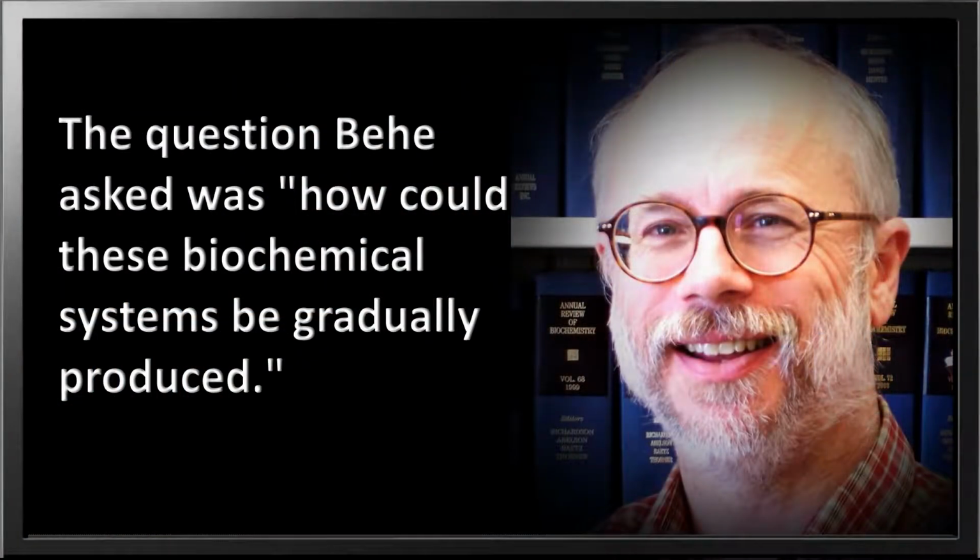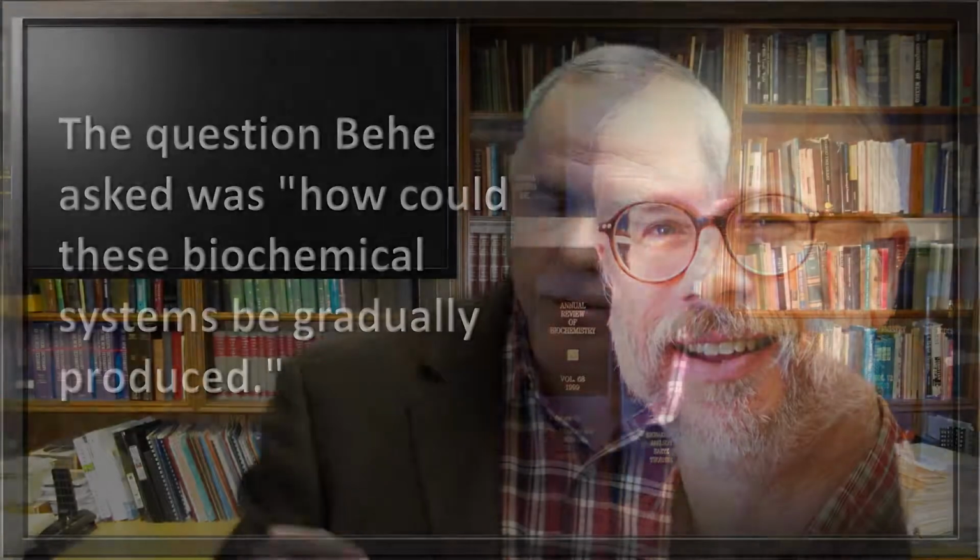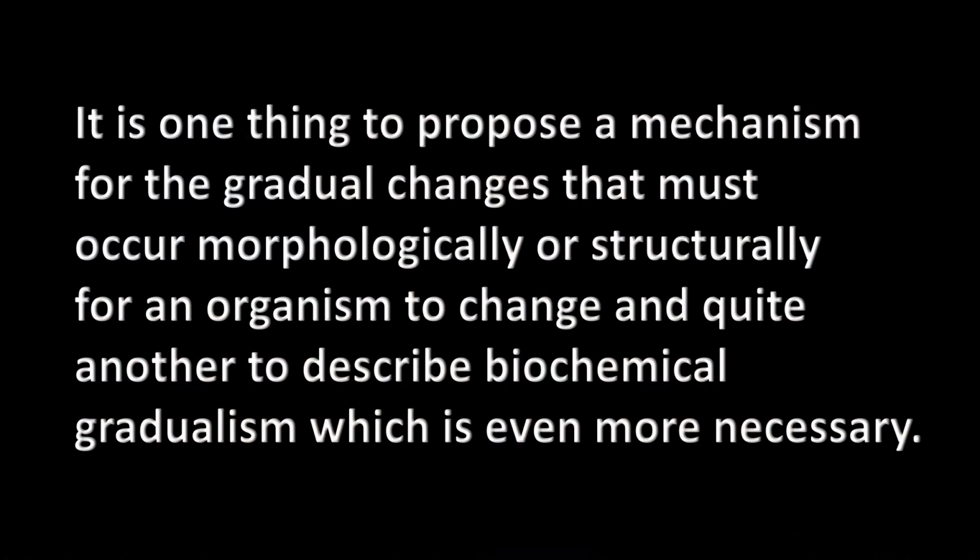He wrote it in 1996. But what he asked was, how could these biochemical systems be gradually produced? Because they couldn't just have sprung forward. That's not evolution. You can't just have some of these organelles and some of these cellular functions just spring up. It's one thing to propose a mechanism for gradual changes that must occur morphologically or structurally, and it's a whole different thing to describe biochemical gradualism, which is actually even more necessary.